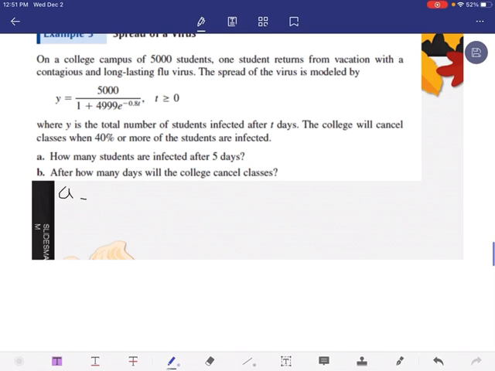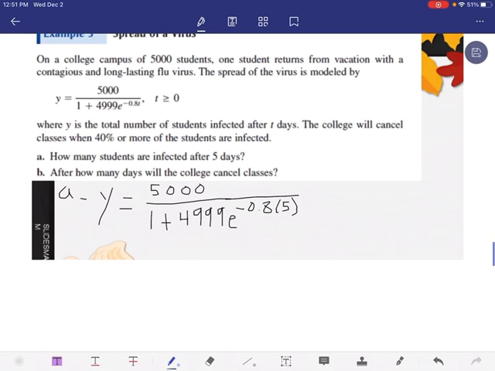asks us to find how many have been infected after 5 days. Well, since we know that t is time and y is population, we know that we're looking for y. So we're going to plug in 5 for t.